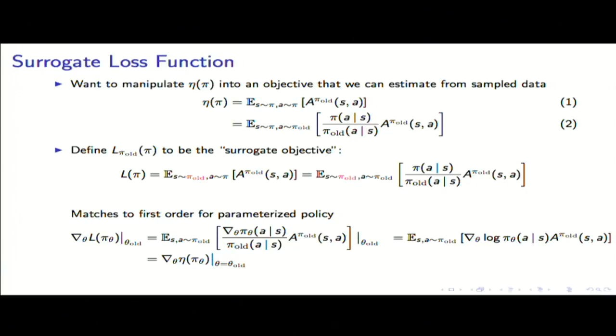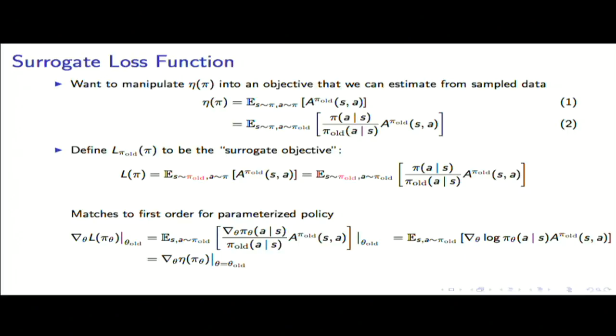We have this expectation over S, where S is sampled from pi, which we don't like. So we just sample the states from pi old instead. We just get rid of the term we don't like in the expectation. We replace the sampling from pi with sampling from pi old, and then we use importance sampling here.